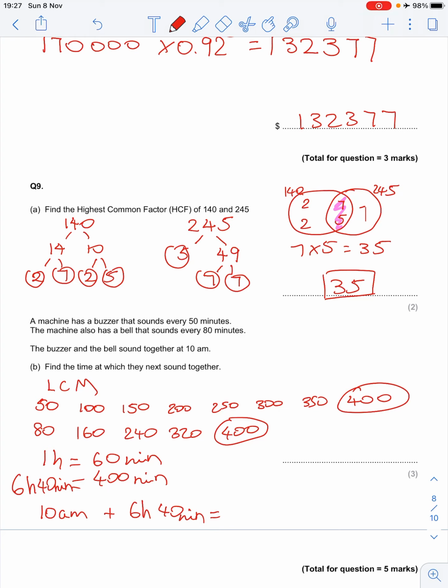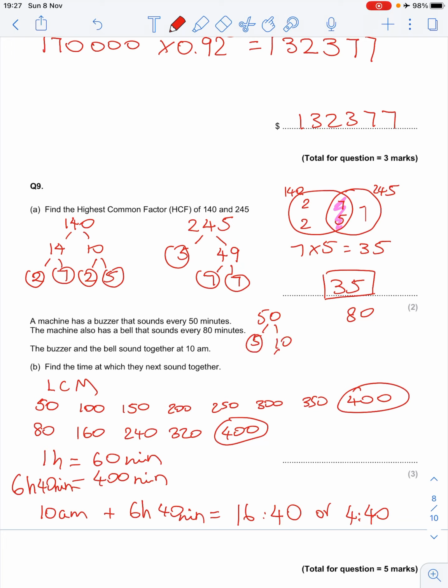So 1640 or 4:40. Alternatively, you can do your factor tree to find your lowest common multiple between 50 and 80.